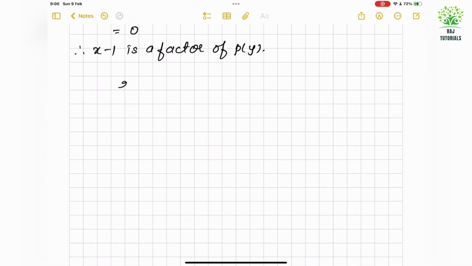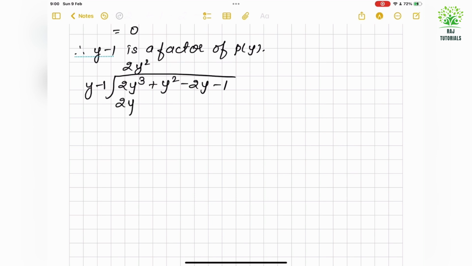Now again I will be doing the long division. So I am given 2y cube plus y square minus 2y minus 1, and I have to divide by y minus 1. So with y minus 1 I have to divide, so 2y square I will multiply to get 2y cube minus 2y square. Now minus plus sign change, so the first term got cancelled, and y square plus 2y square will be 3y square minus 2y.